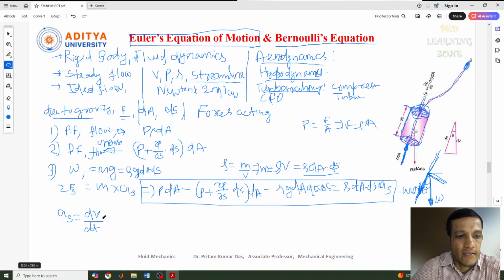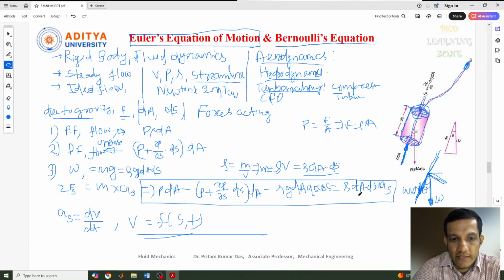The velocity also tells us the distance traveled with respect to time, so it depends on the direction in which it is moving. So the velocity is a function of s and t. If I solve this, I can get one equation.